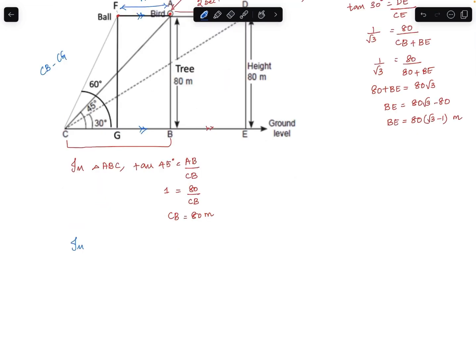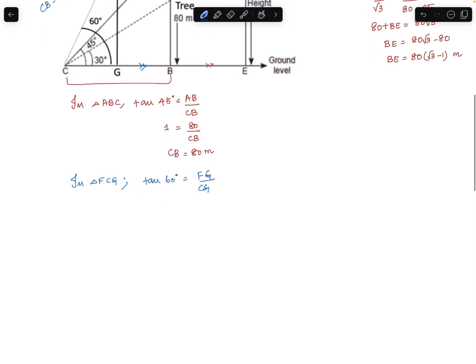So in triangle FCG, tan 60 is equal to FG upon CG. Tan 60 is root 3, which is root 3 equal to FG is 80 upon CG. CG is 80 upon root 3.